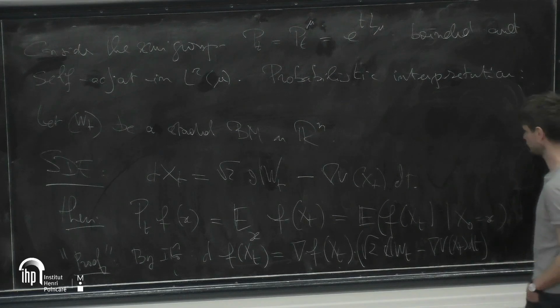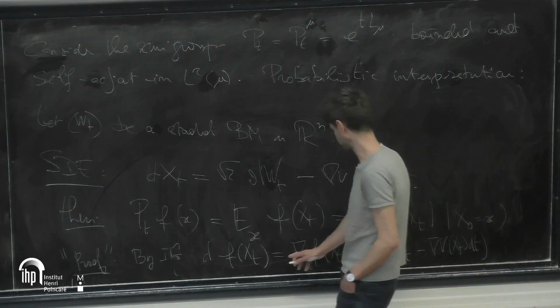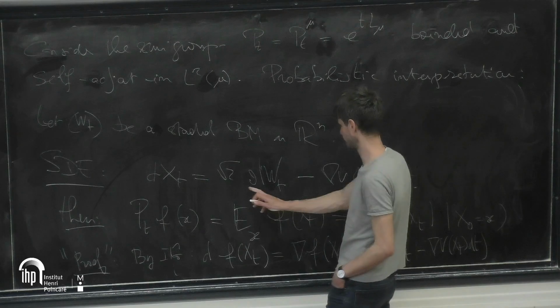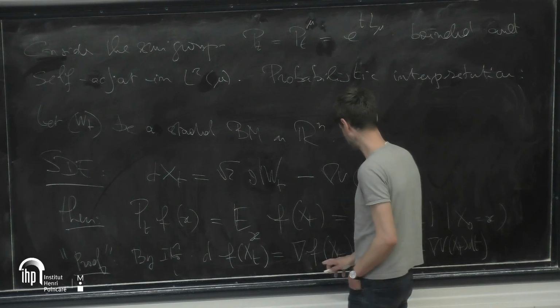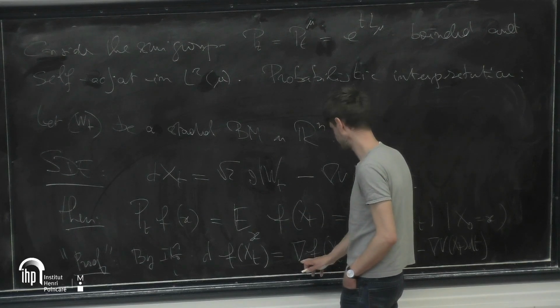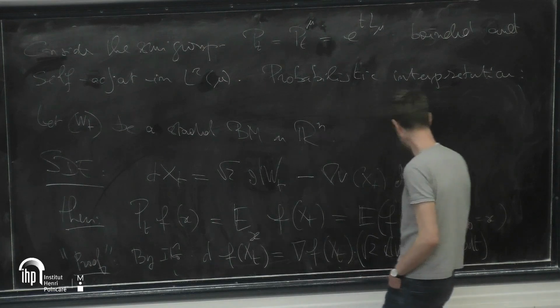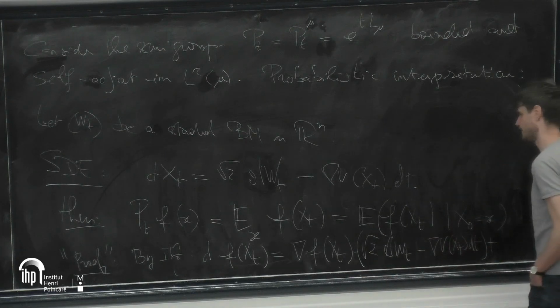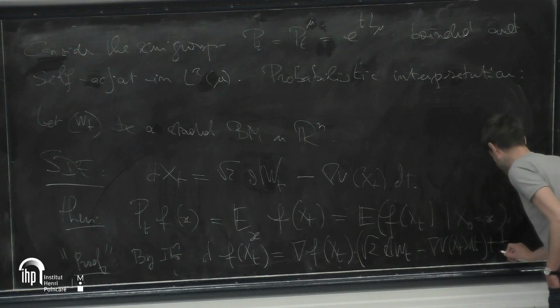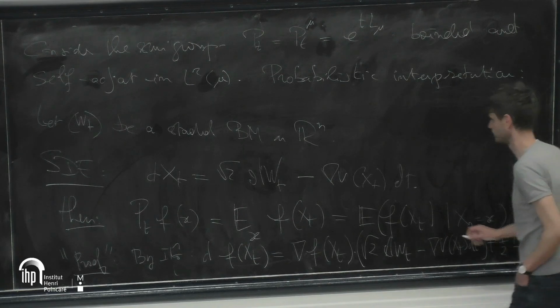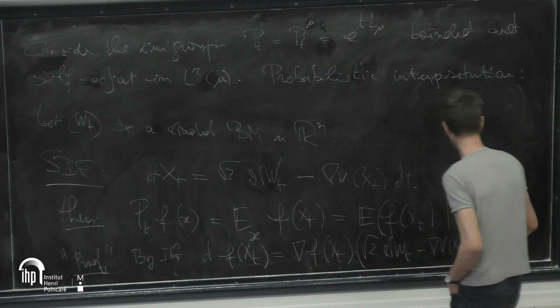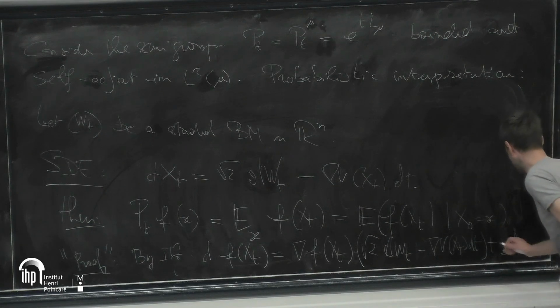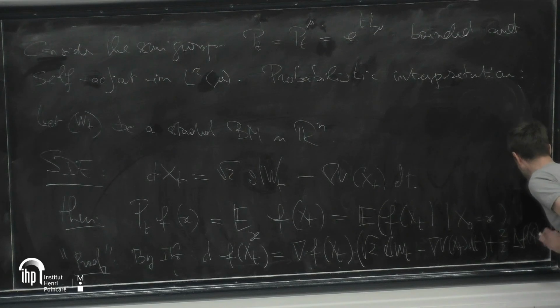And then from Ito's formula, you have also a second order term that comes from this B here, which is given by half the Laplacian. It's half the Laplacian, but there is this square root 2 here that gives you 2, so this is why I put the square root 2. So it's 2 over 2 Laplacian f at Xt dt.